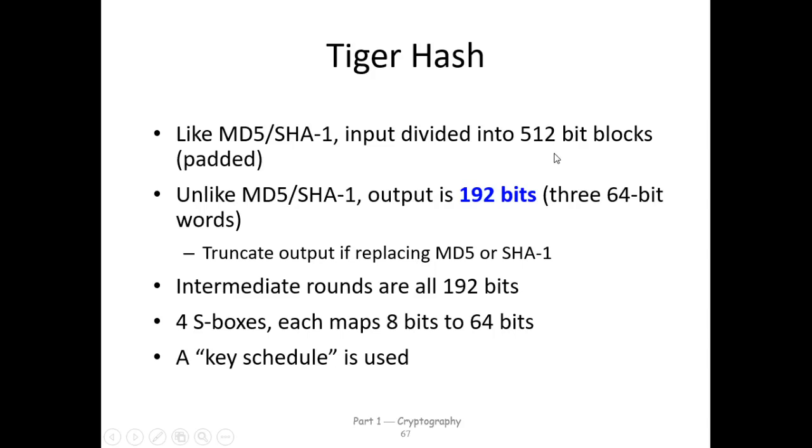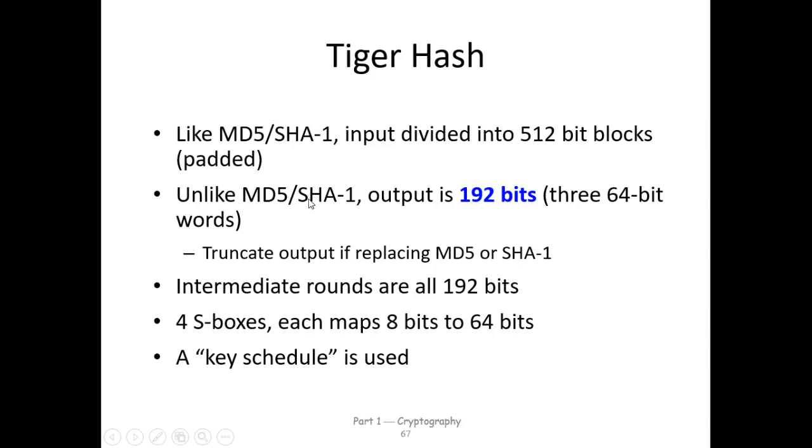So we need to pad the bits up to the next block level. If it is 500 bits, assume, then we have to add an extra 12 bits to the existing 500 bits to make it a 512-bit block. That is what is meant by input divided into padded 512-bit blocks.